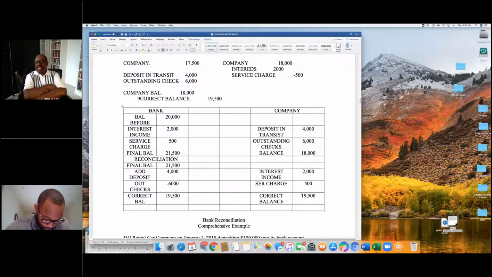So think about that. I think we had one other exercise like that. It's not a major amount, but all you're going to have are interest income and service charge on the bank side, deposits in transit and outstanding checks on the company side, and you're going to be expected to get to the correct balance, okay?